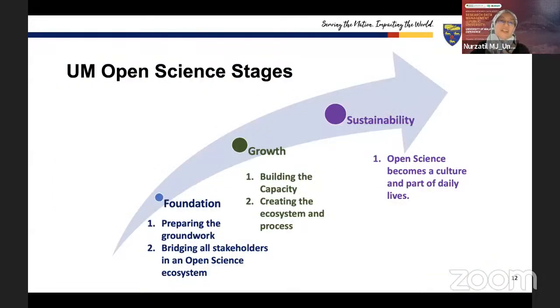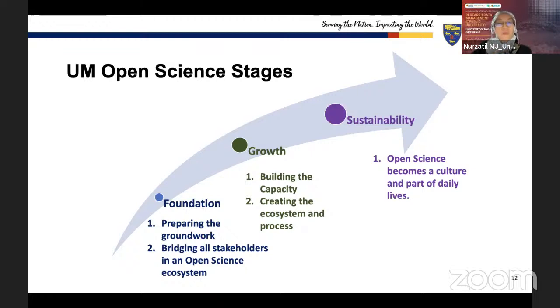Okay, so UM open science stages. The idea of open science is really a process. What I mean by the process is that when we start something to build the data sharing culture or practices on campus, first of all, we need to lay the foundation.